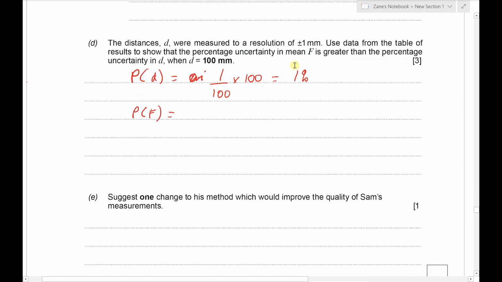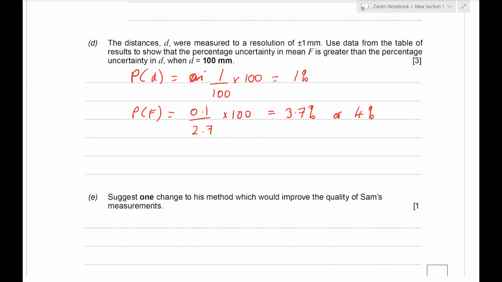So the percentage uncertainty in F is going to be 0.1 over the mean of 2.7 and multiply by 100. That will give us 3.7%, which is an acceptable answer, or 4%, which is slightly better. Generally, we go for one significant figure for uncertainties, but two figures are allowable, no more than two significant figures.